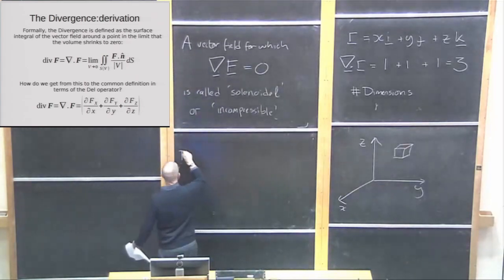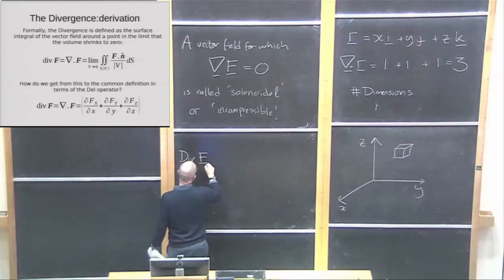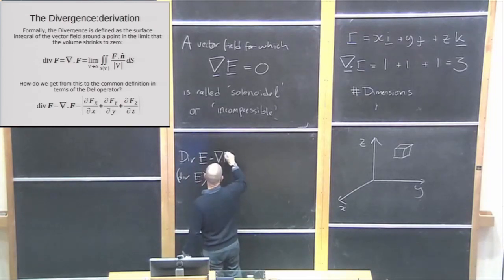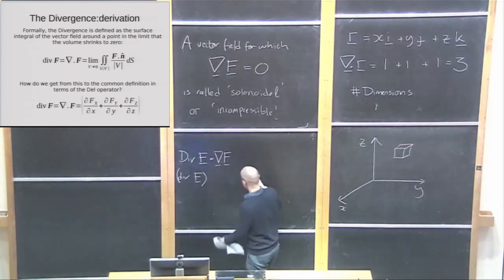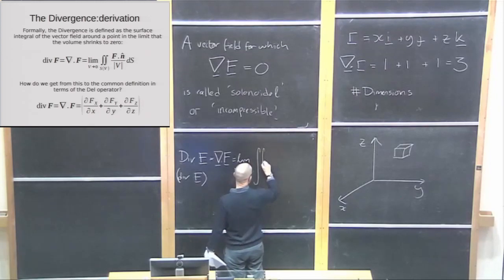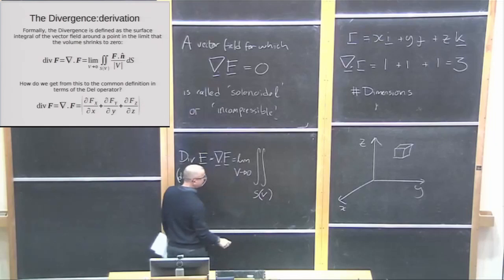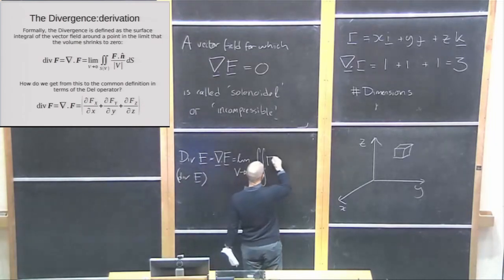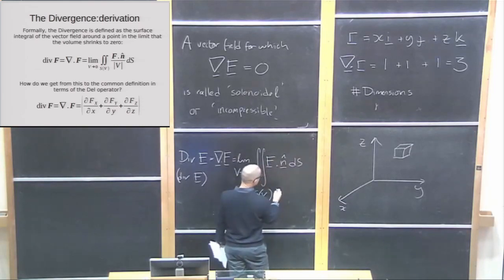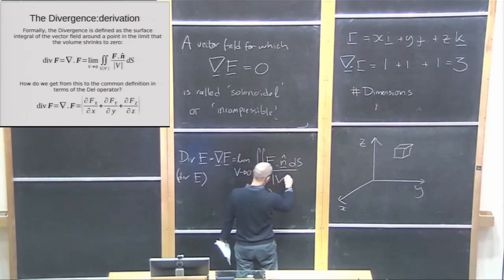So, the divergence of our vector field, which could also be written with a lowercase d, is the dot product of nabla with our vector field. It is the limit as the volume goes to 0 of the surface integral of my vector field around that volume per unit volume.